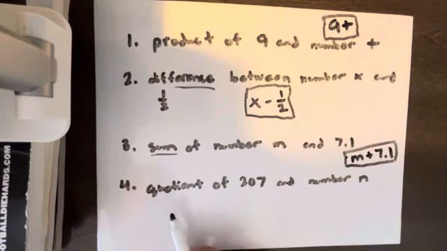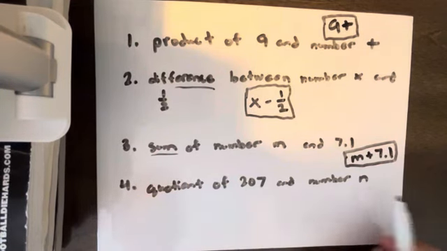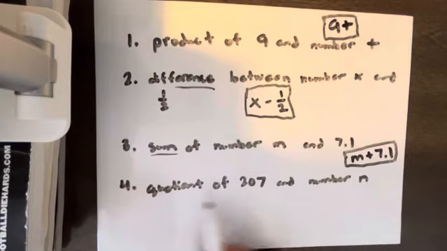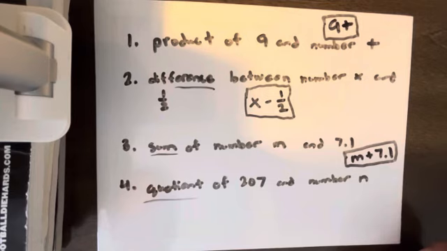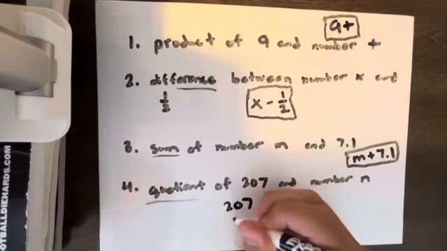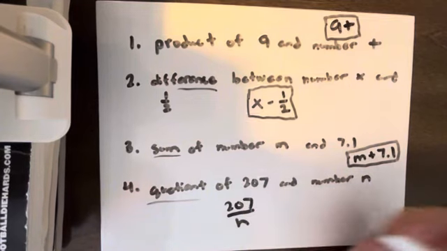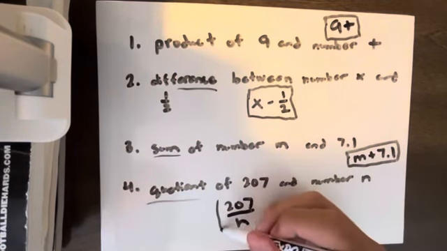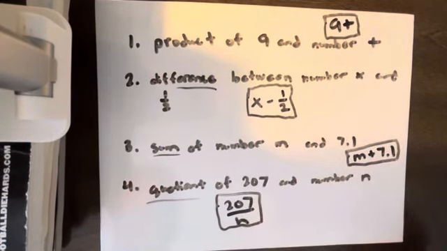Finally, quotient of 207 and the number n. Quotient means we're dividing. Our answer, 207 divided by n. That's our algebraic expression.